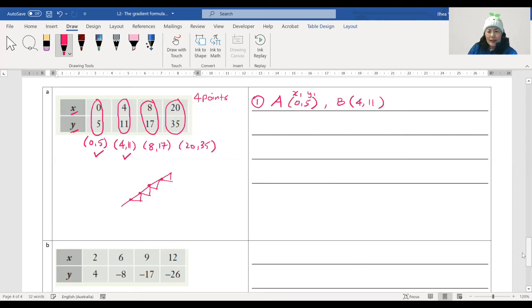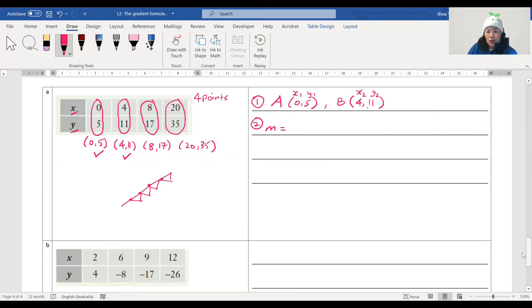You don't really need to write it all the time if you keep practicing it. But I think at the beginning, if you're not 100% sure, it's a good idea to put that in there. So the gradient was, what's the formula for the gradient with 2 points? It was y2 minus y1 all over x2 minus x1.